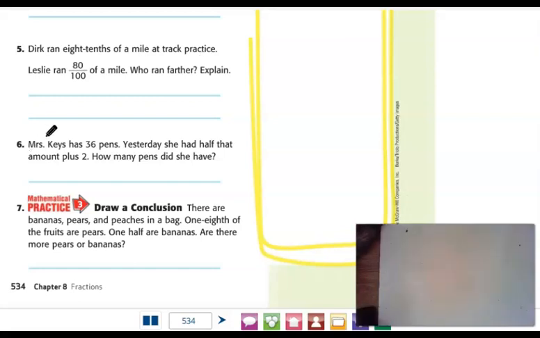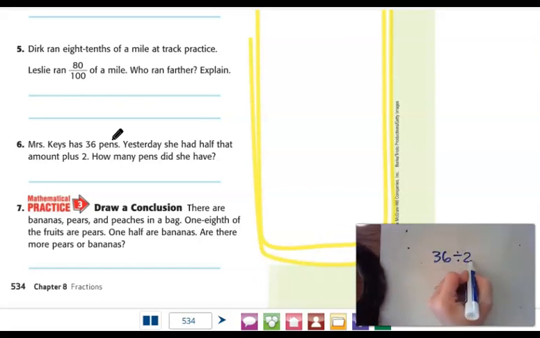Okay, so now we've got Mrs. Keys has 36 pens. Yesterday she had half that amount plus 2. So if she has 36, yesterday she had half that, so I'm going to divide that by 2 and then add 2.